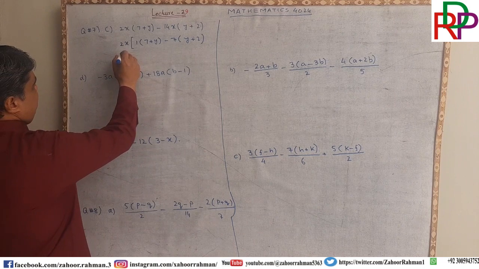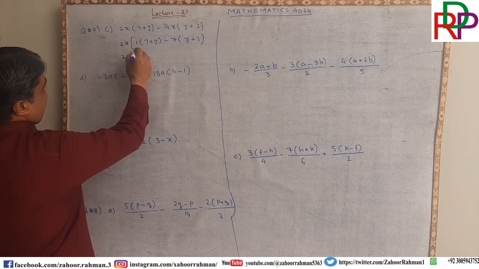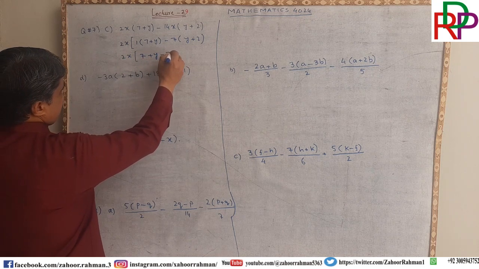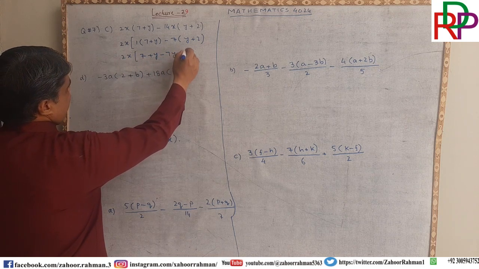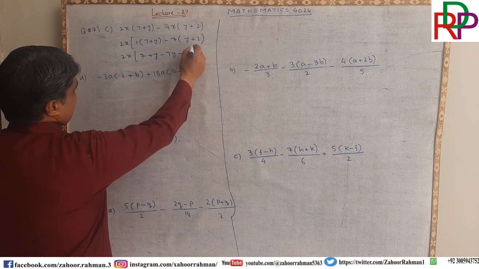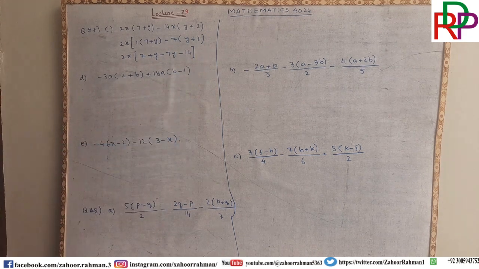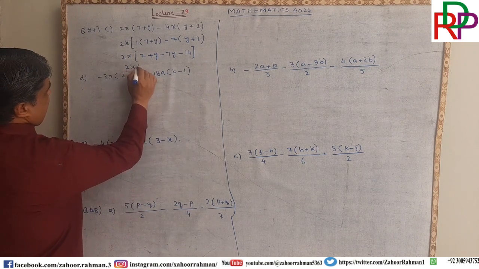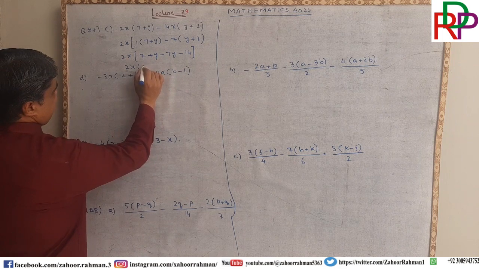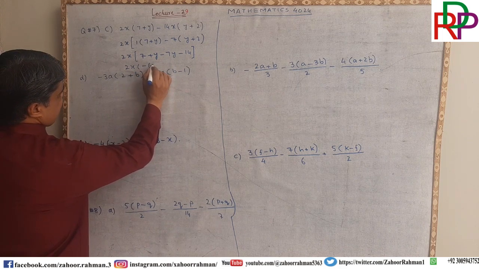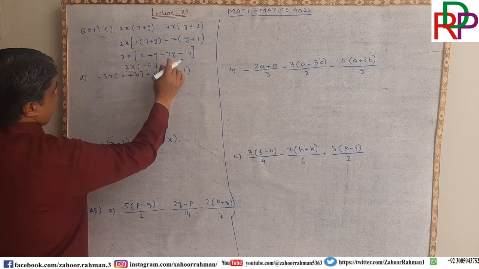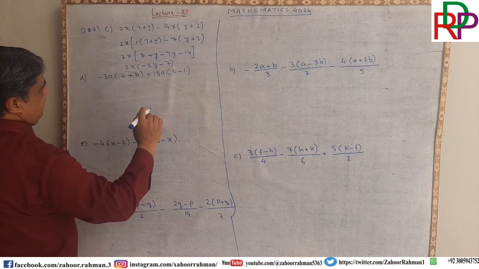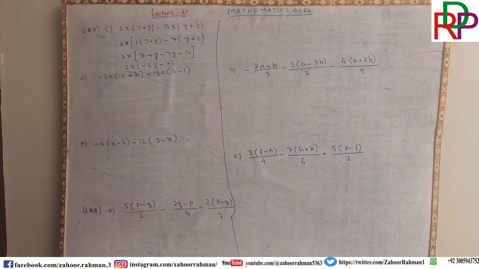So now we have to evaluate 7 plus y minus 7y minus 14. So, ladies and gentlemen, we are writing 2x into y minus 7y is minus 6y, and minus 14 plus 7 is minus 7, and that is the ultimate answer.